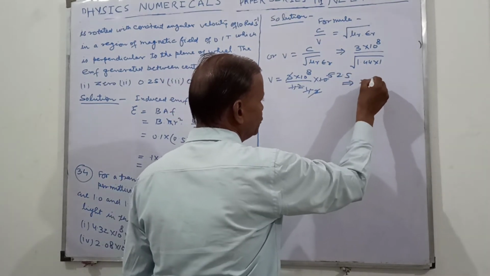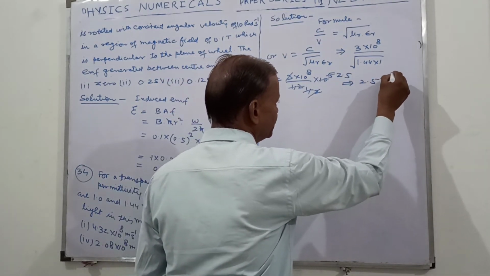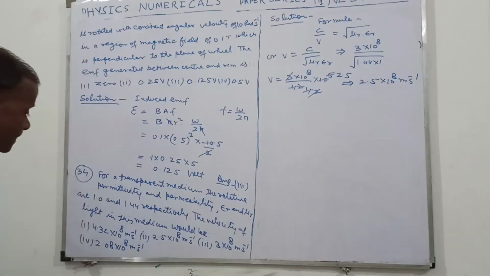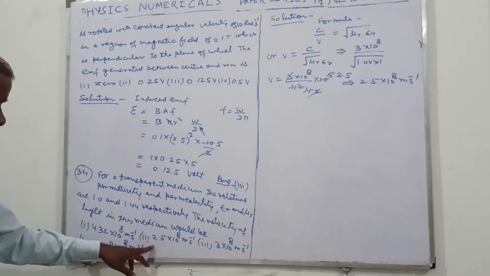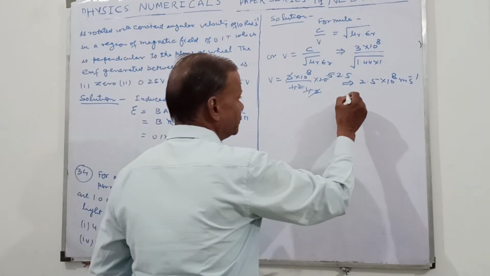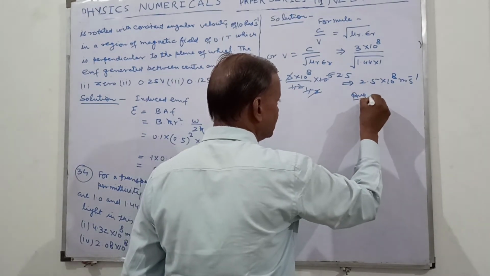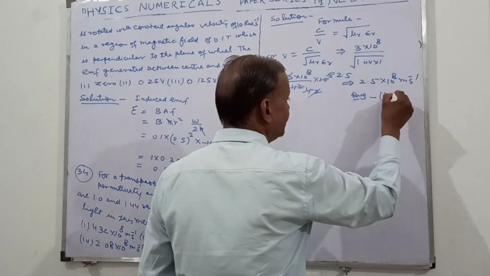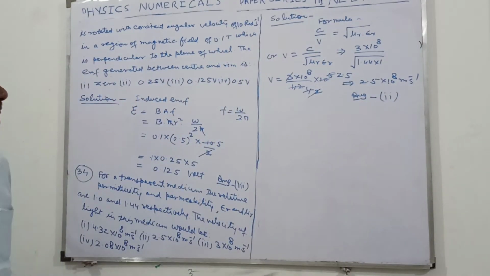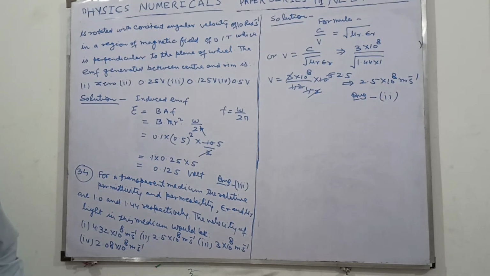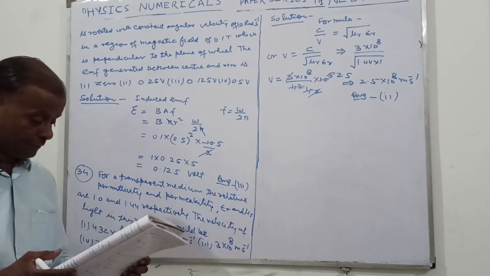So we get 2.5 into 10 raised to the power 8 meter per second. So our option is second, 2.5. So we just apply the formula and then have the little calculation and find the value of V.